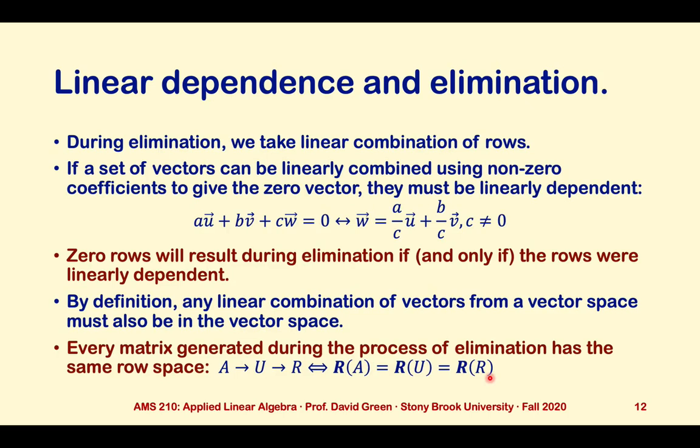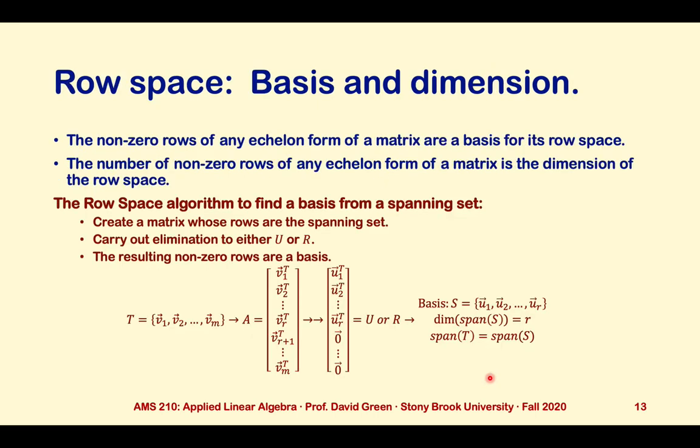These two ideas taken together give us a method to compute the basis for the row space and to determine its dimension. Quite simply, the non-zero rows of any echelon form of a matrix are a basis for its row space.